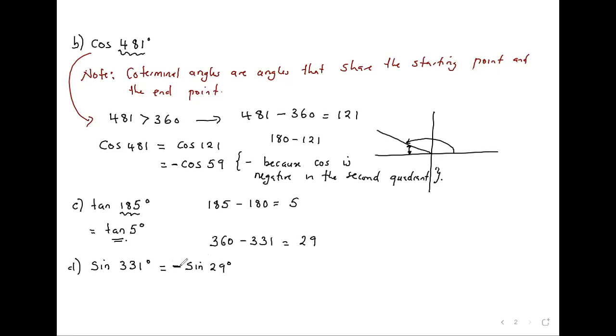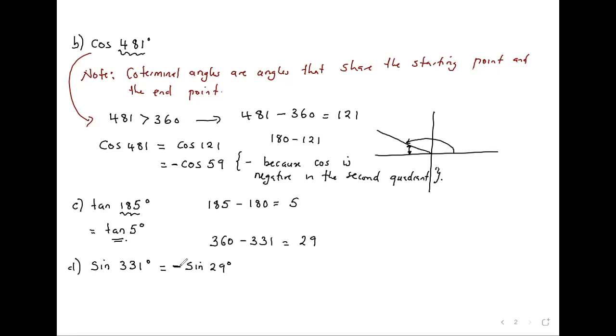Because now we are outside the exam, we can be checking these things. You check what is sine 331, you get negative 0.48. What is sine 29? You find it's positive 0.48. It's the reason why we have to put a negative, so that we have the same values.